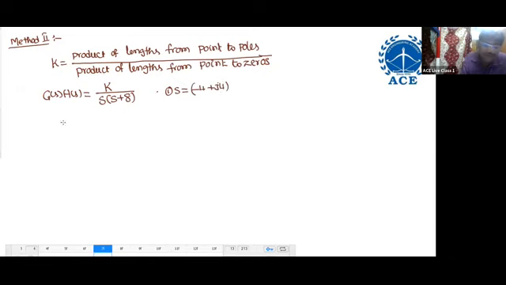Now represent the poles and zeros in the s plane. Minus 4 here. So this is minus 4, this is j4.